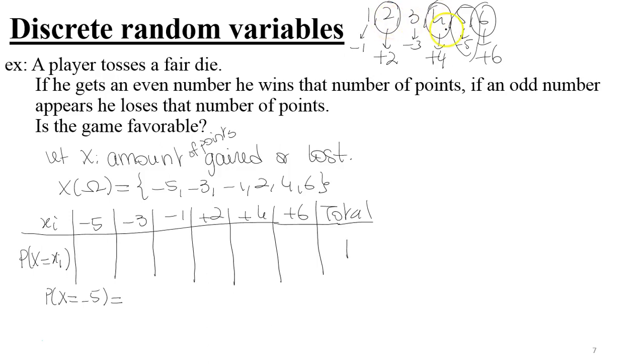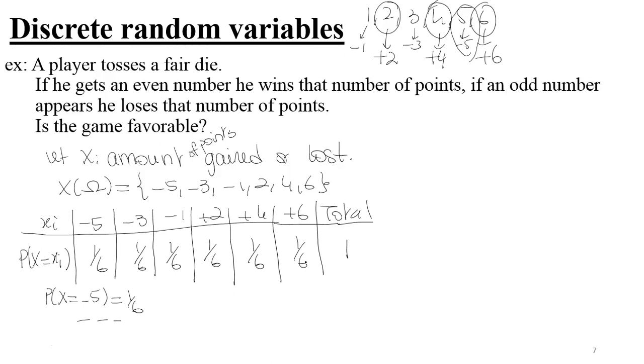Each has a probability of occurrence of 1 out of 6. So since 5 has a probability of occurring of 1 out of 6, the probability of losing 5 points is in fact 1 out of 6. It has the same probability as rolling a 5. So similarly for the rest of them. Since each outcome corresponds to one face of the fair die, each outcome has a probability of 1 out of 6 of occurring.